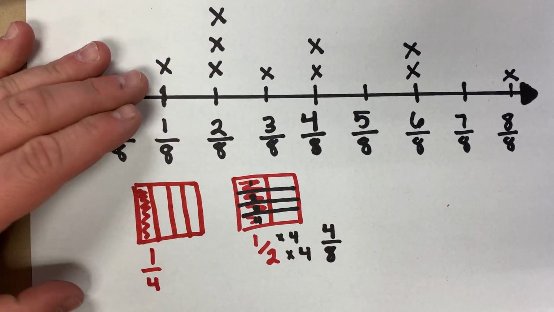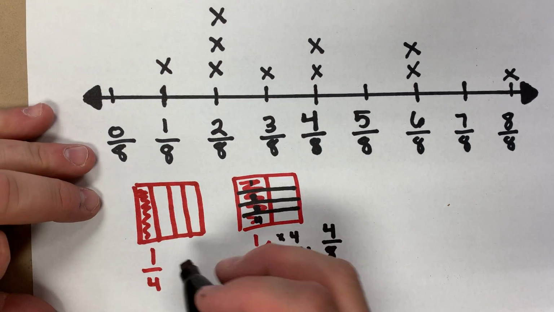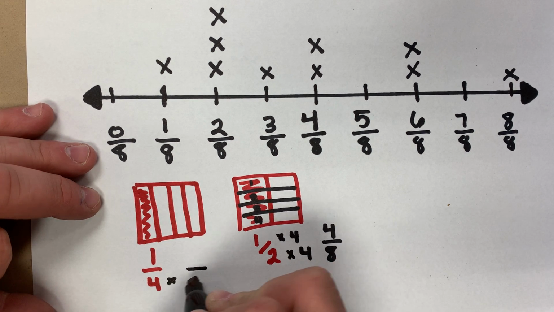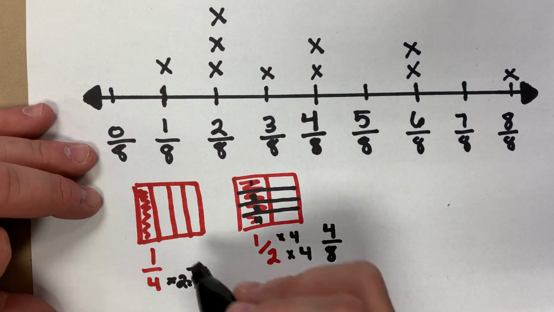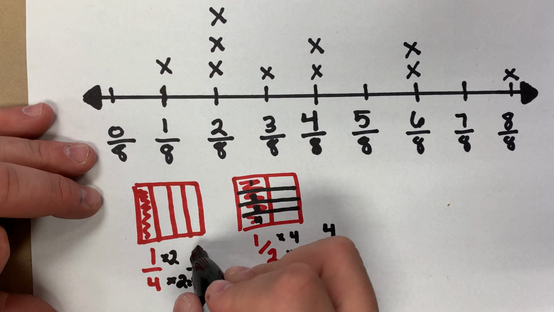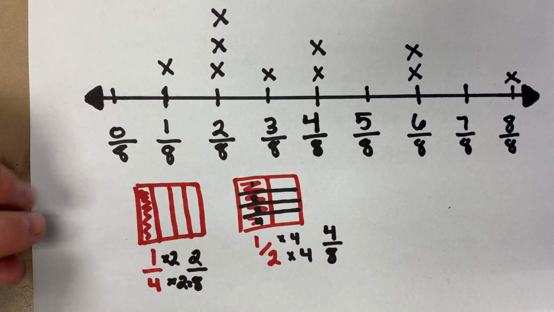Now, remember we have to get to eighths. So how do I get from 4 in my denominator to 8? Well, I've got to multiply it by 2 because 4 times 2 equals 8. Remember, same thing with the numerator: 1 times 2 equals 2. Okay, so 2/8 is what I'm looking for.